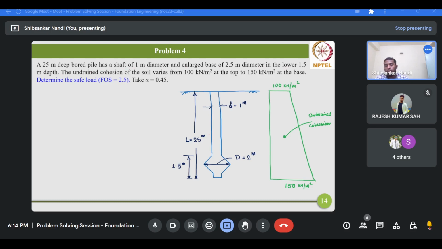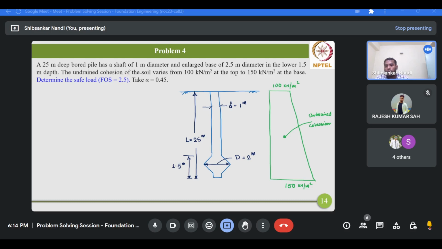As you can see from this figure, this is a pile which is having a single bulb. That means this is an example of an underreamed pile. So first of all, the uniform shaft diameter is 1 meter and the diameter of the enlarged base in the lower 1.5 meter portion is 2 meter.